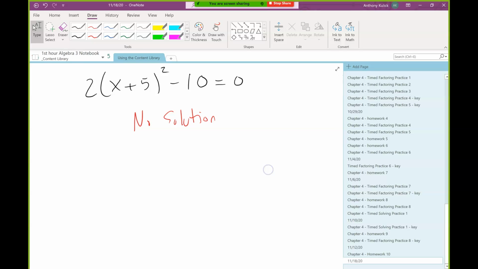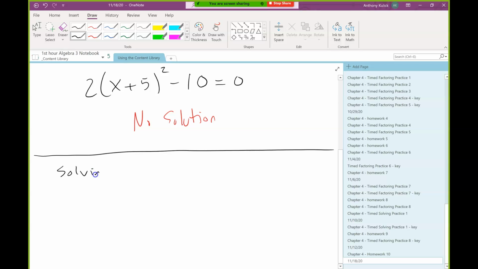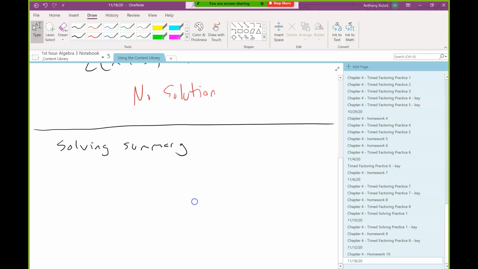So just to kind of summarize here as far as solving goes. If you have something in standard form, the first thing you'd want to do is get it equal to 0. So you might have to add things to both sides or subtract things from both sides to get all the stuff on one side of the equation.